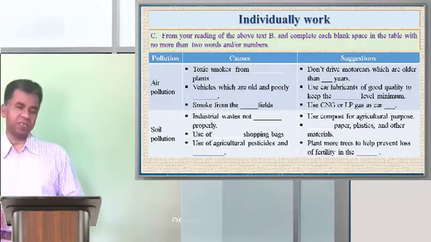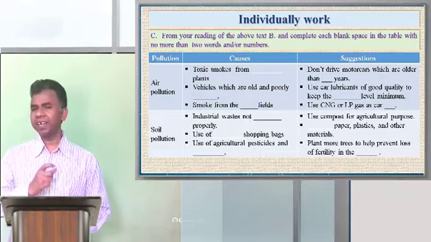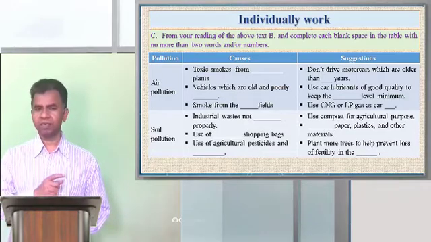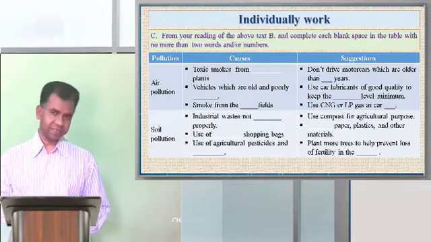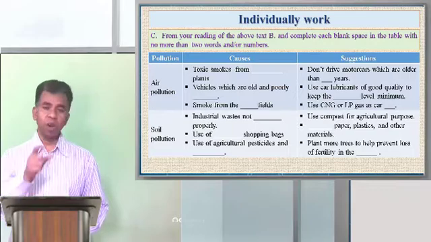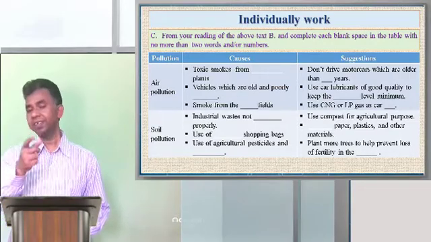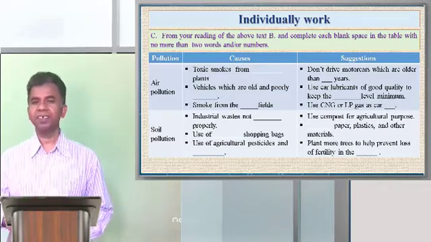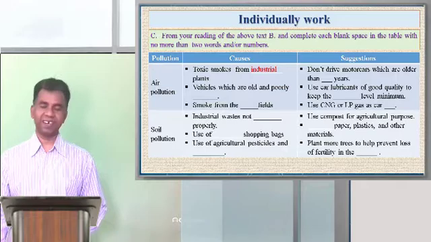First column, air pollution. There is a blank in causes. Toxic smokes from dash plants. Try to guess the correct word. Yes, your answer is correct. Industrial plants.